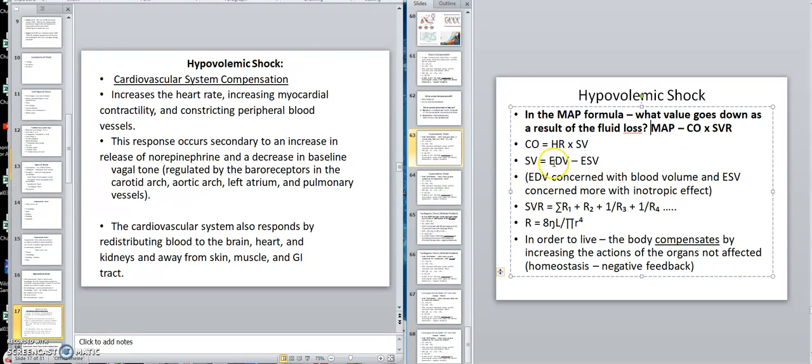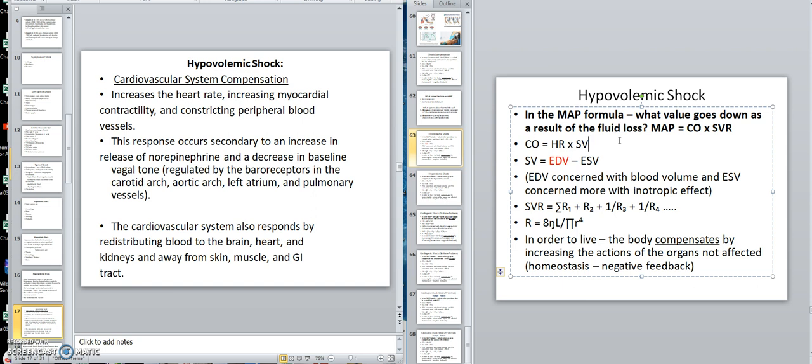EDV, end diastolic volume, is concerned with the blood volume. So what will go down would be EDV. So we're going to highlight EDV, end diastolic volume. Put that in red.